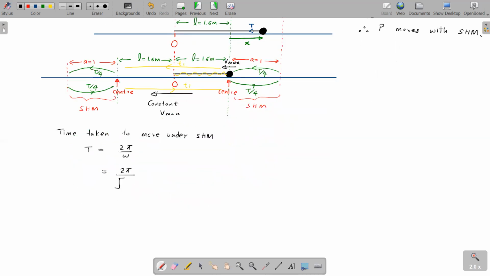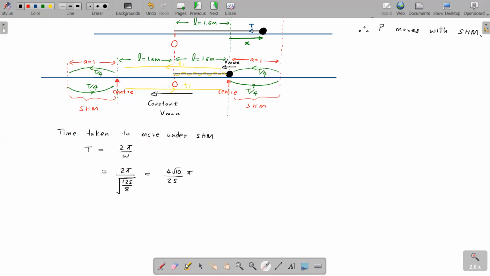So omega is root 125 over 8. So keep the pi out, just simplify 2 over root 125 over 8. How much is it? I get 4 root 10 over 25 and pi.